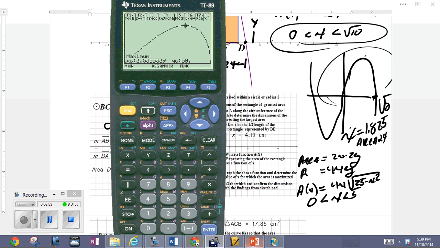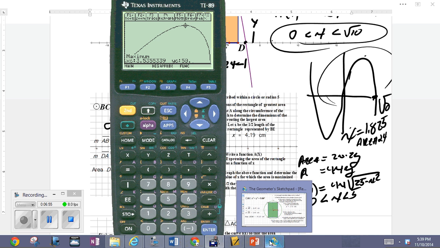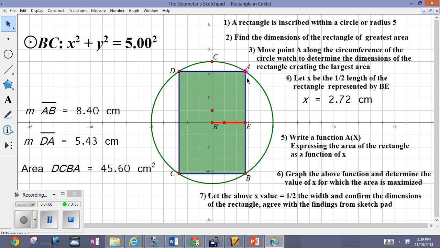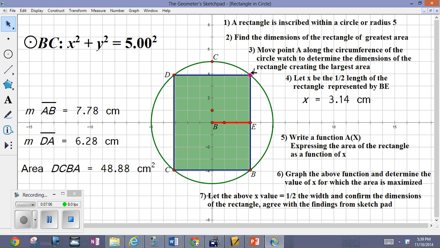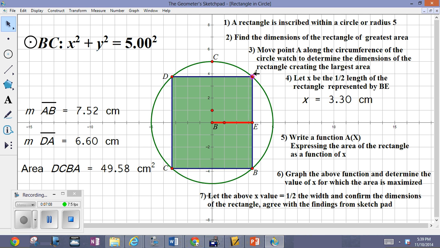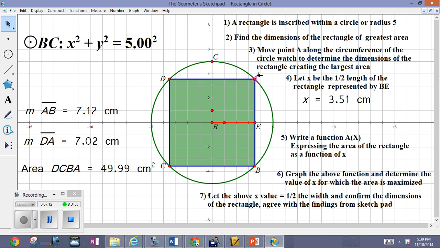If we look at that on our sketchpad, we're trying to find the x value when this area is as large as possible, and we can see that the area is still on the increase. It gets to about 50, and it's going to max out right there, at 3.53. So that's what we found from our calculator, and that's what we found from Sketchpad, and they are consistent.